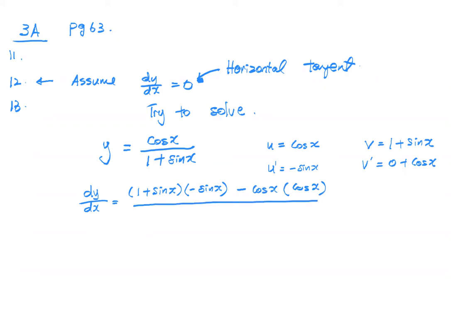Divide by v squared. So I have cos x times cos x is... 1 minus a sin x minus sin square x minus cos square x. Am I doing the right thing?